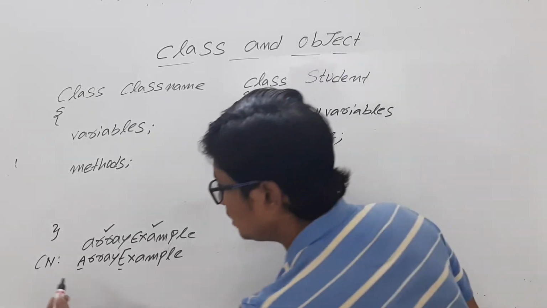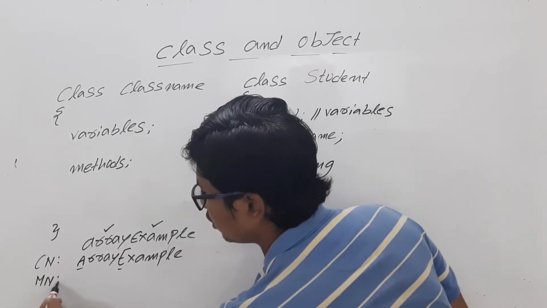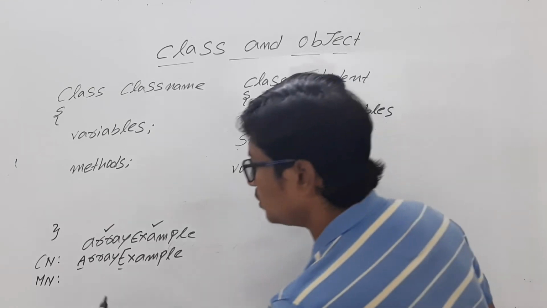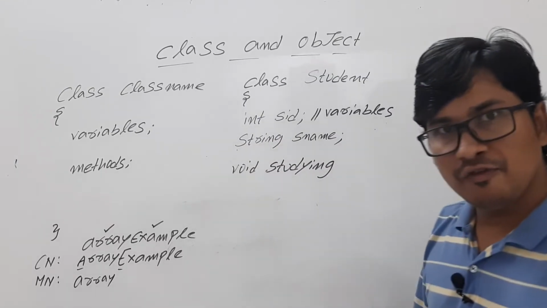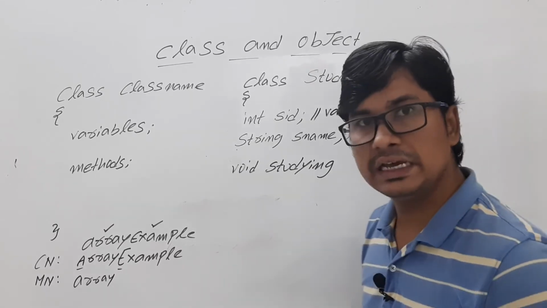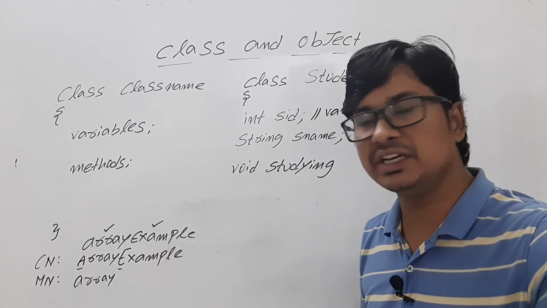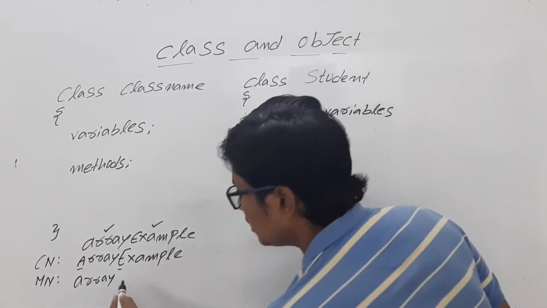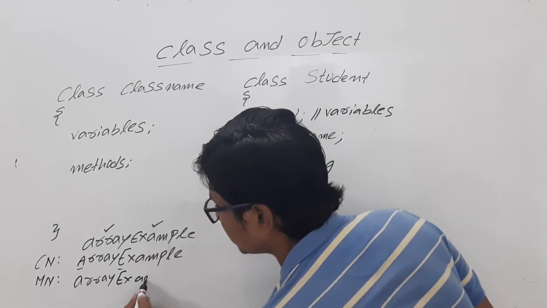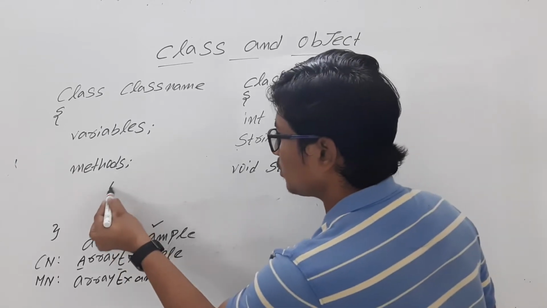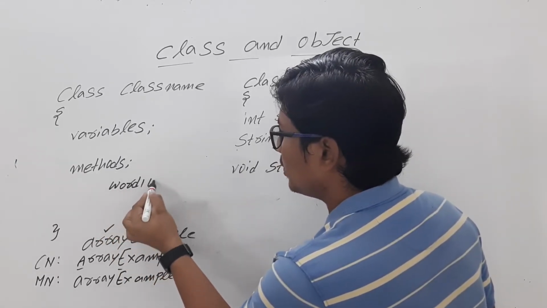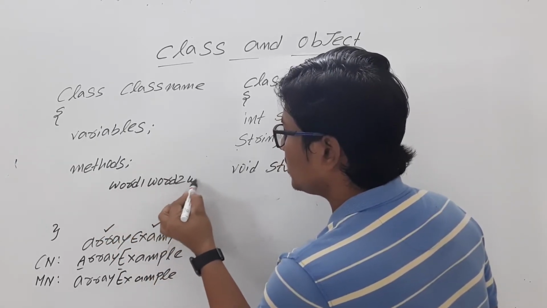But for a method name, the strategy you will follow is that the first word's first character will be in lowercase. For the remaining words, the first character of each word should be in uppercase. Suppose you have three words, word 1, word 2, word 3.